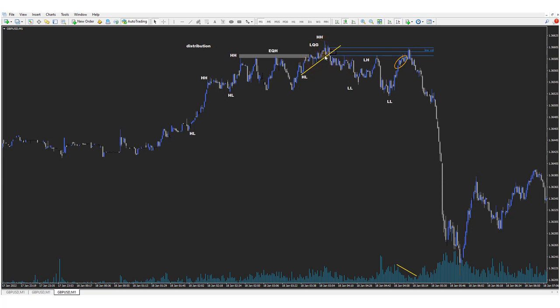The last very shiny demand in this case was broken, and we are looking which candle broke the structure and broke the last push to the upside, and it was this one candle. So we need to be sure that the lower low is made and that really price is distributing right now.